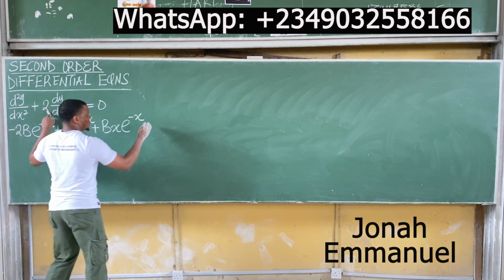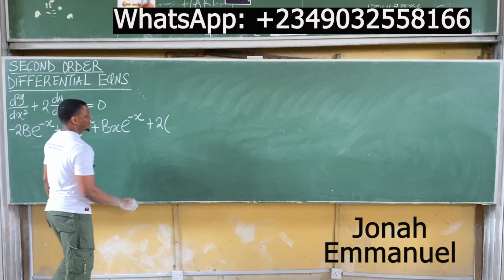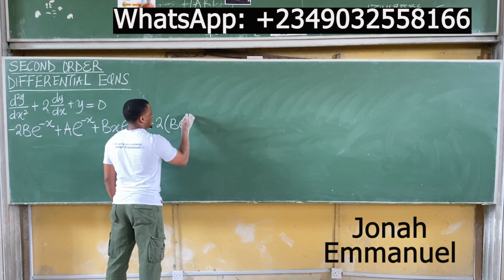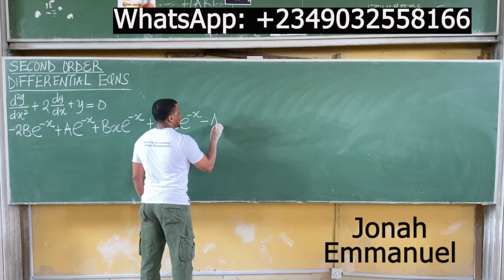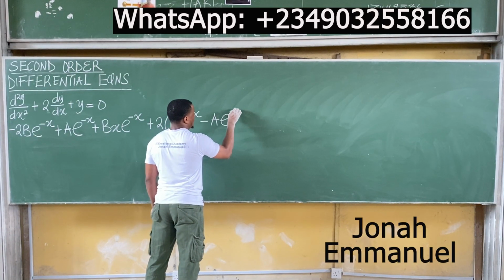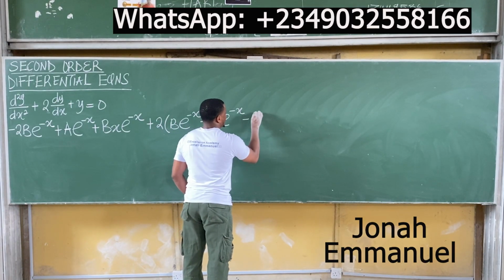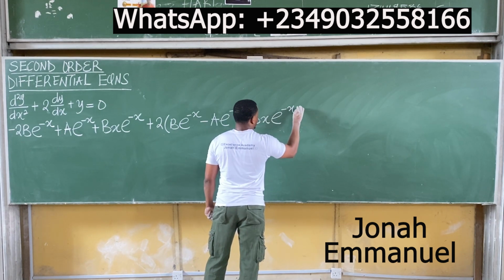Next up, plus 2. So plus 2 into, give me this value. What do you have there? B exponential minus x, minus a exponential minus x, minus bx exponential minus x.